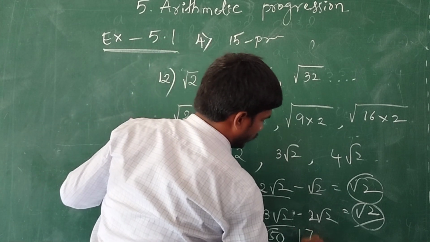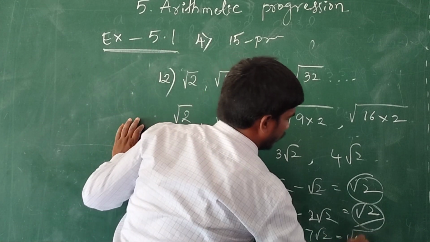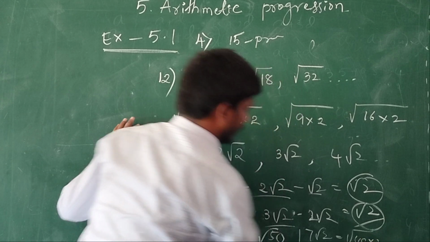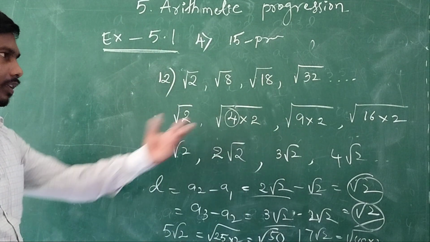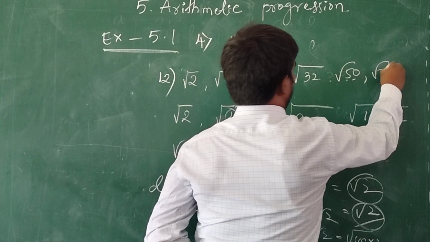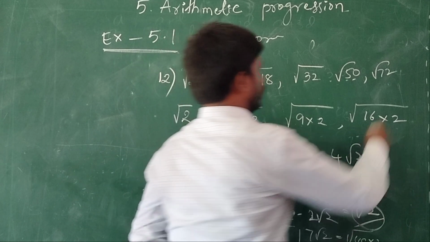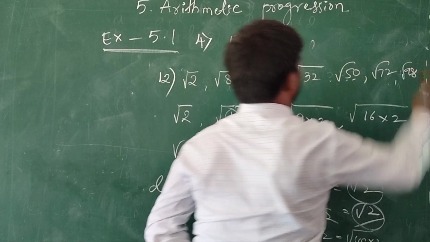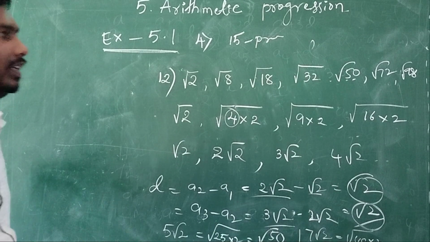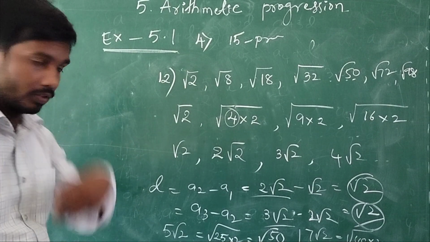Next, 7 root 2 is 49 into 2, so root 98. So the next terms are root 50, root 72, root 98. Like that, we will get the next values.